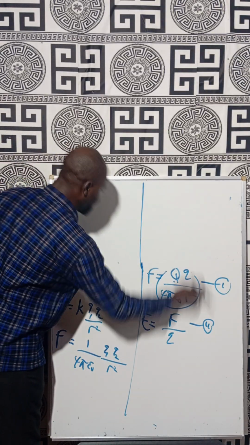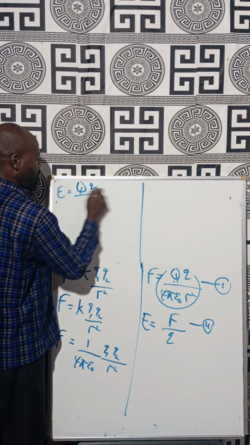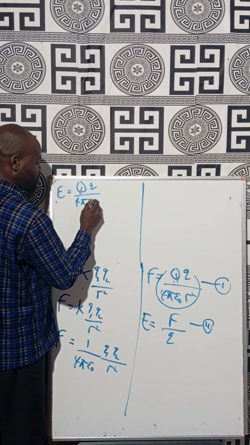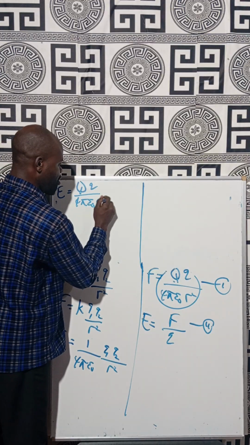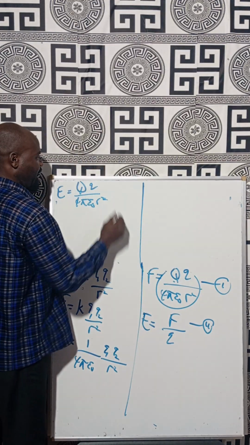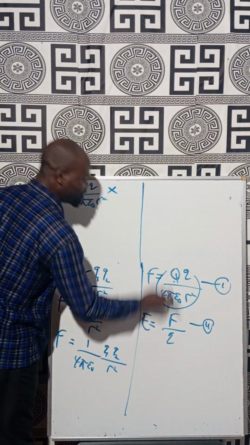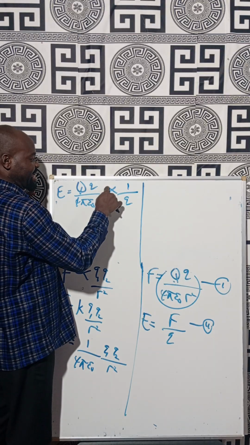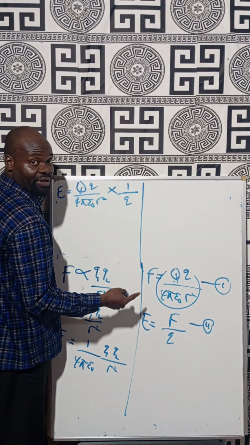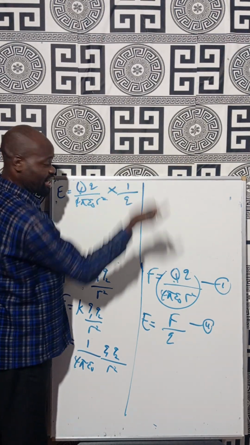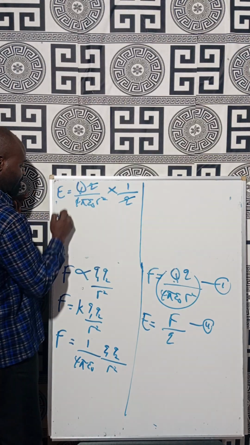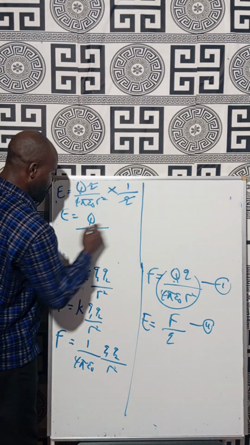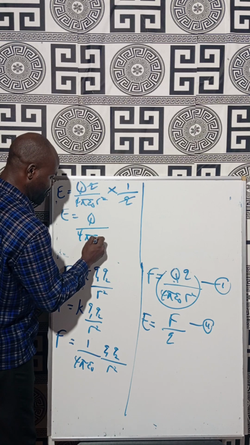My F is everything here: Q all over 4 pi epsilon naught R squared, all divided by q. Dividing by q means you multiply by 1 over q. You put a 1 all over that q, and q cancels q. So E equals Q all over 4 pi epsilon naught R squared.